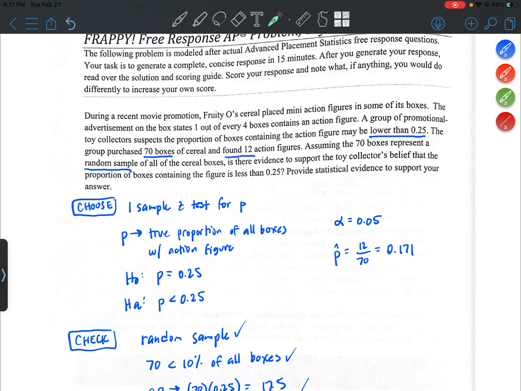The question was, is there evidence to support the toy collector's belief that the proportion of boxes containing the figure is less than 25%? So we do not have convincing evidence that the proportion of boxes containing the figure is less than 0.25.